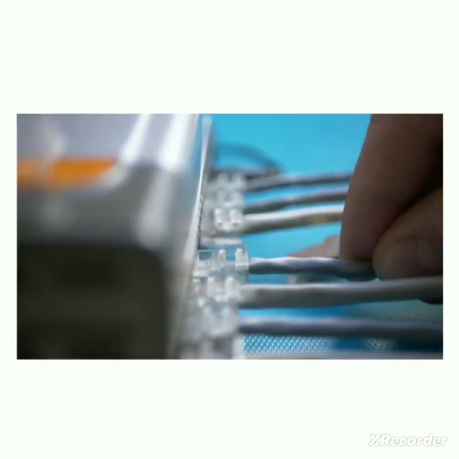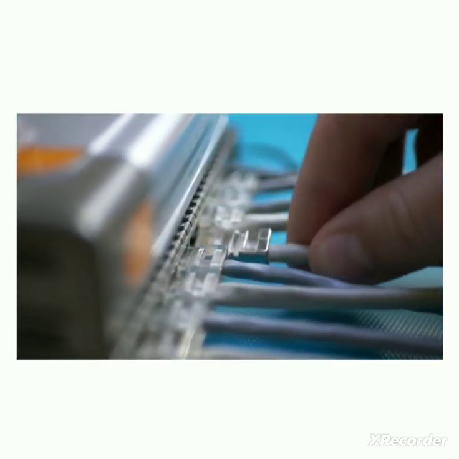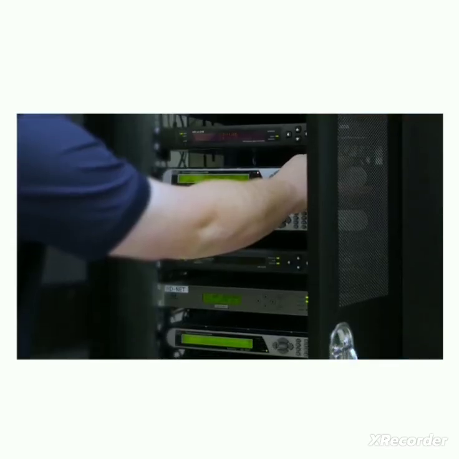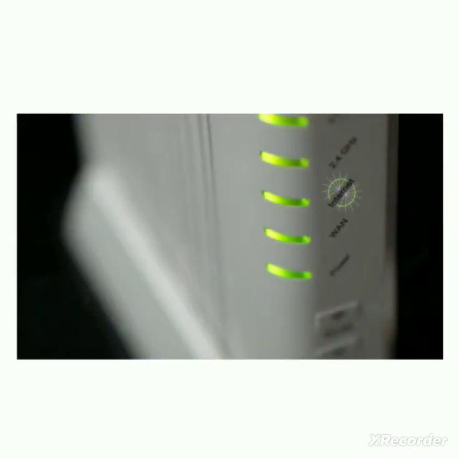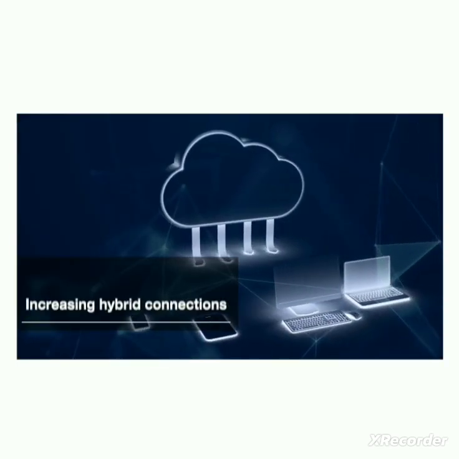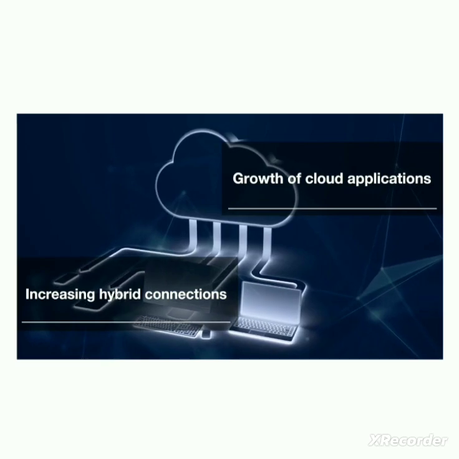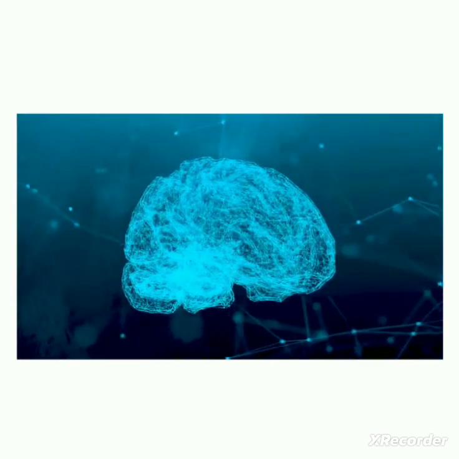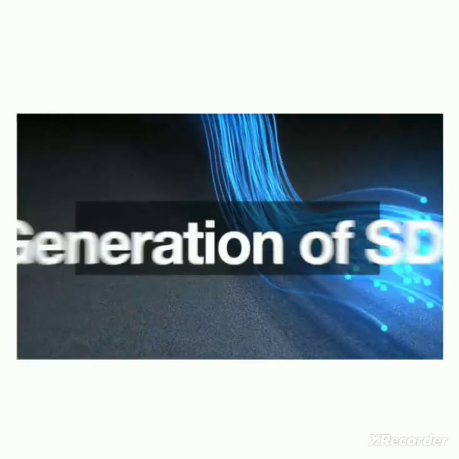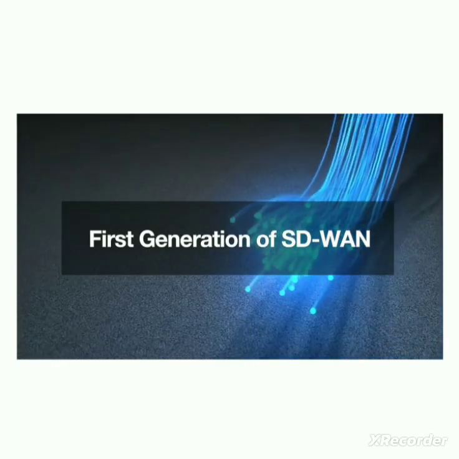Businesses began to augment their connectivity by employing multiple providers or seeking more affordable broadband and other means of internet connectivity. The trend toward increasing hybrid connections and the growth of cloud applications to support underlying intelligent business decisions led to the first generation of SD-WAN.